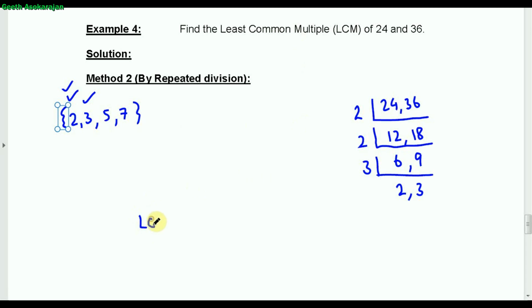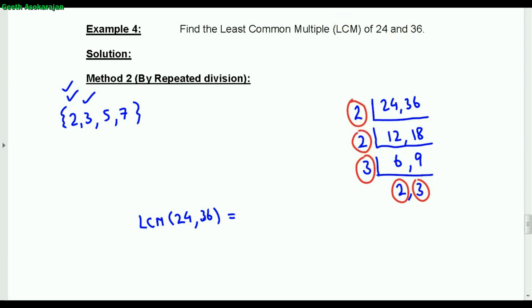So we say that the LCM of 24 and 36, and remember the idea from here on, we need to multiply the 2 by the 2 by the 3 by the 2 by the 3 again. So we multiply these numbers here.